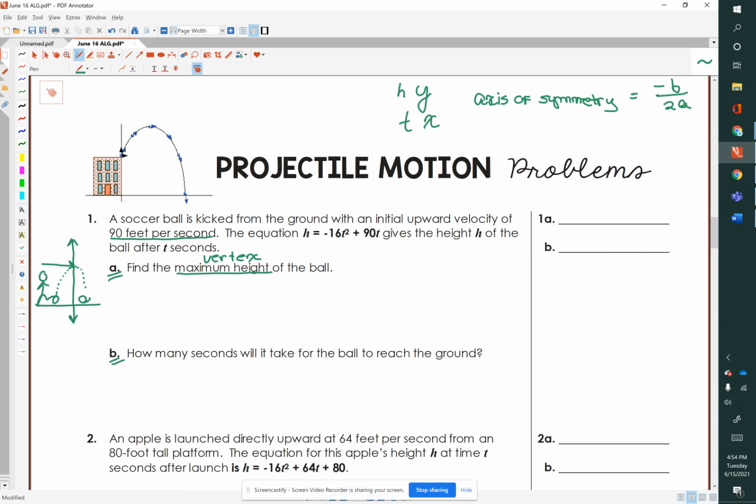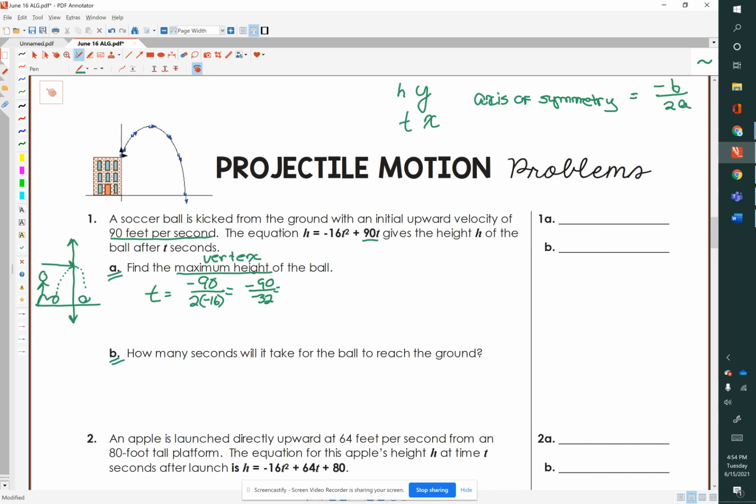So our b value here is 90. So we're going to have t equals negative 90 divided by 2a, 2 times negative 16. And when we simplify that, that's negative 90 over negative 32.